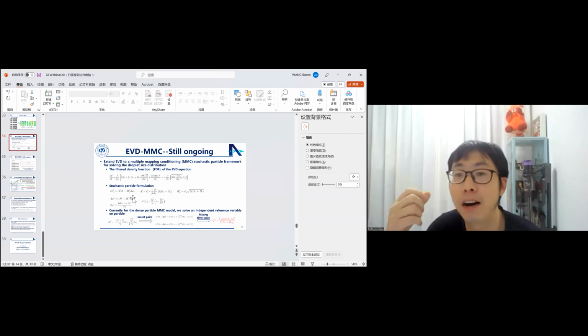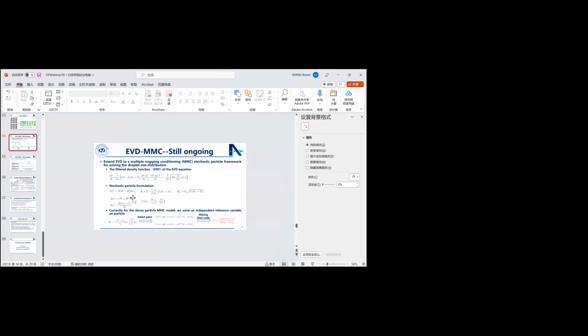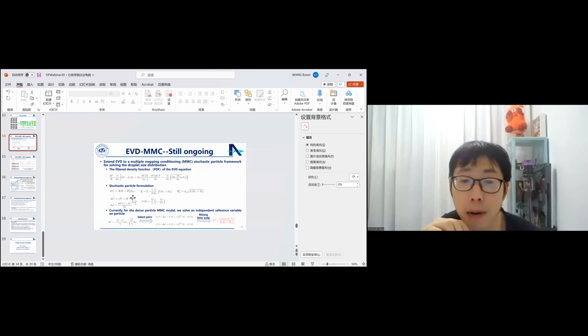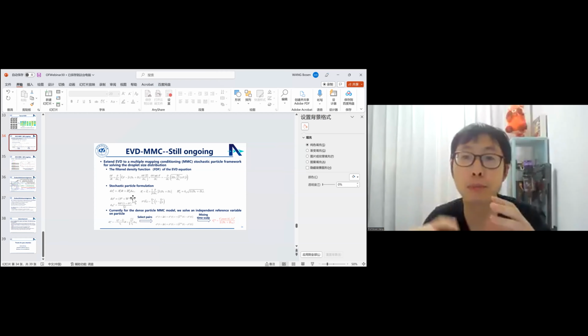Only the droplet size is carried on the notional particles, and the droplet size is determined by the volume fraction and surface density on the stochastic particles. Then we can collect the notional particles and know the distribution of the D32 on the notional particles. Okay, thank you very much.